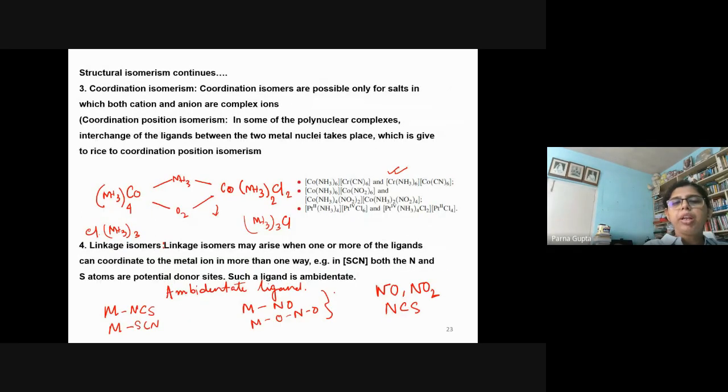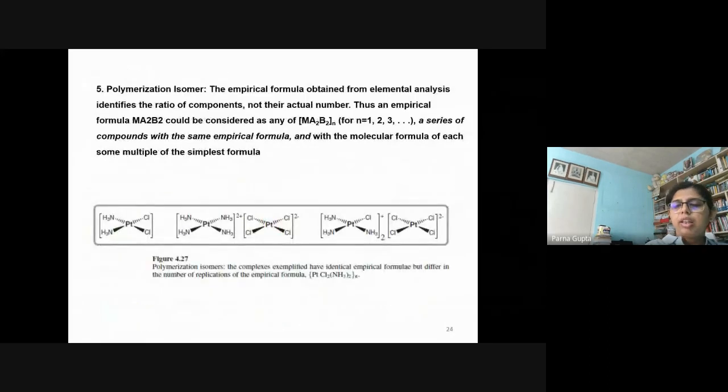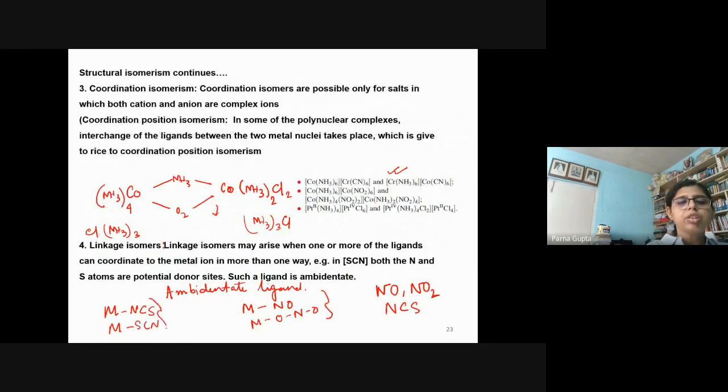So this is called an ambidentate ligand, and this is called linkage isomer. These two compounds are called linkage isomers because the link is different.